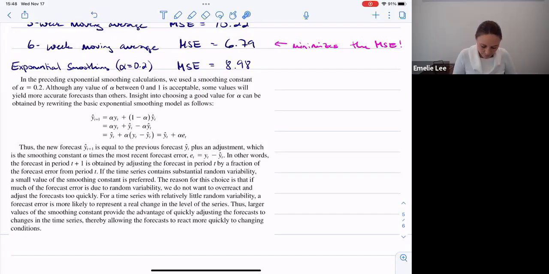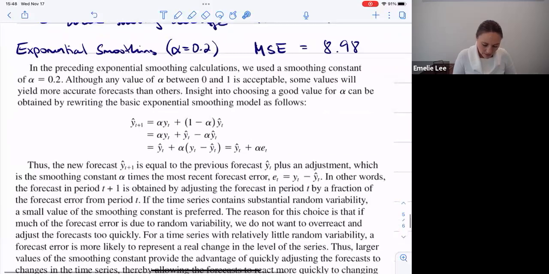And so here we just picked 0.2, where I'm sure there was some reason that they used alpha equal 0.2, but you would want to play around with it to see which alpha you should be using. How we pick alpha depends on the error term, the forecasting errors that we expect. What we can do is expand out this exponential smoothing model.